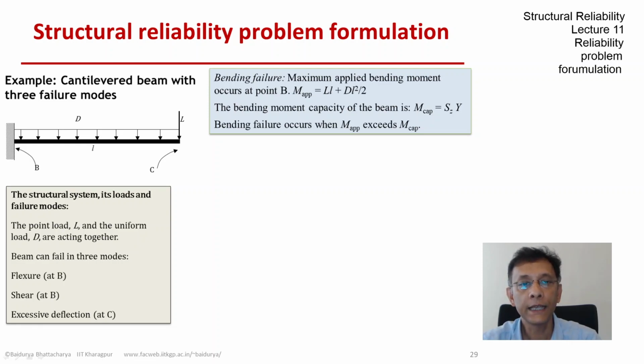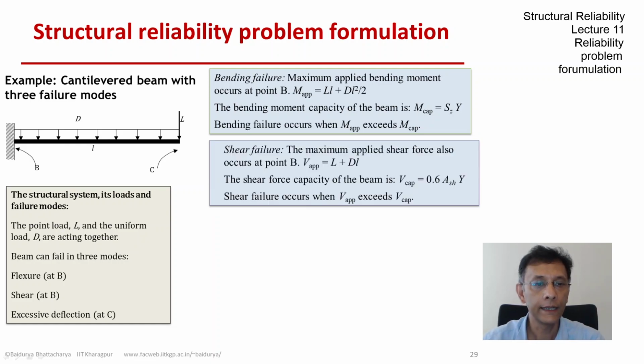Now the S sub z, depending on our understanding, our preference, and also the mechanical properties, could be the elastic section modulus or the plastic section modulus. Whichever that is, bending failure would occur when the applied moment exceeds the moment capacity. So that would be setting up the failure description for the beam in flexure.